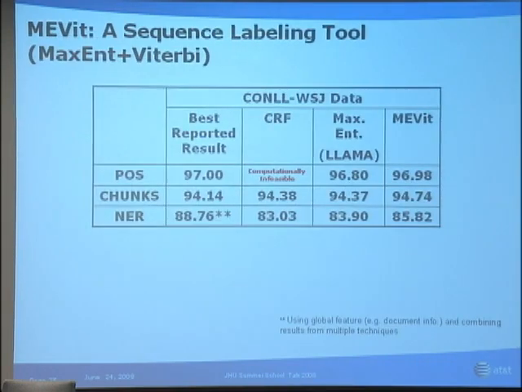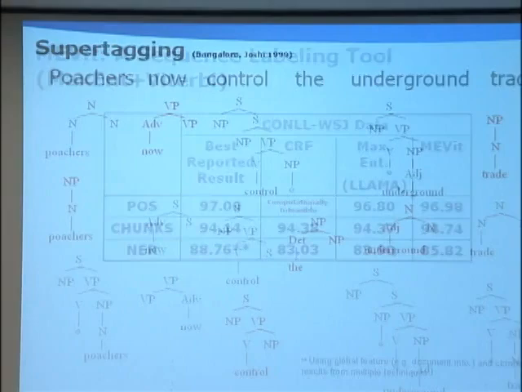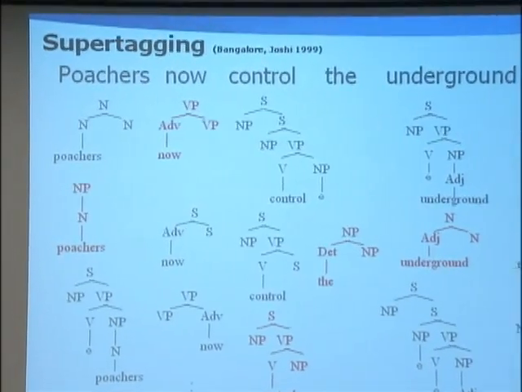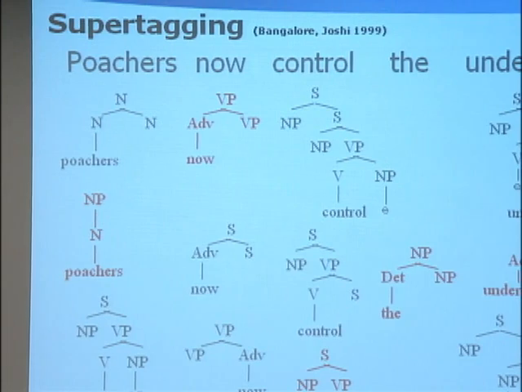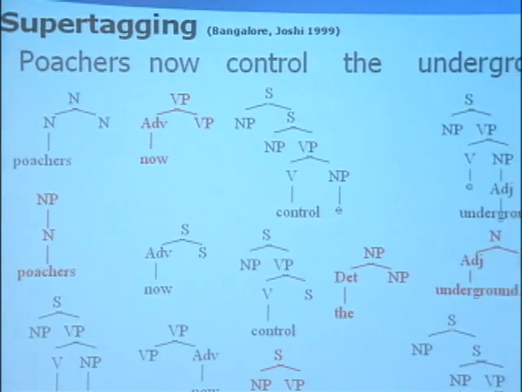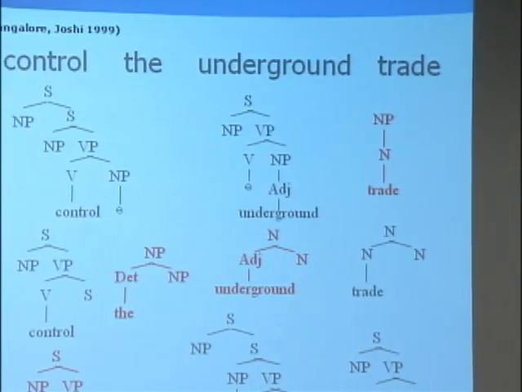There are some good results and so on, so I won't delve on that. So here's a different way of thinking about tagging. Most of the tags that we saw so far are very basic tags in a sense, very simple tags.